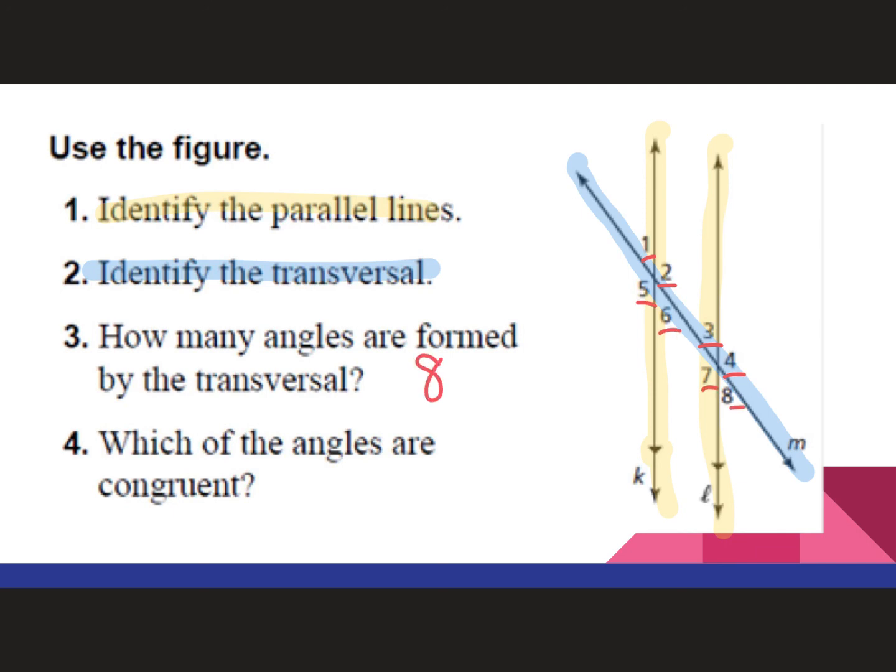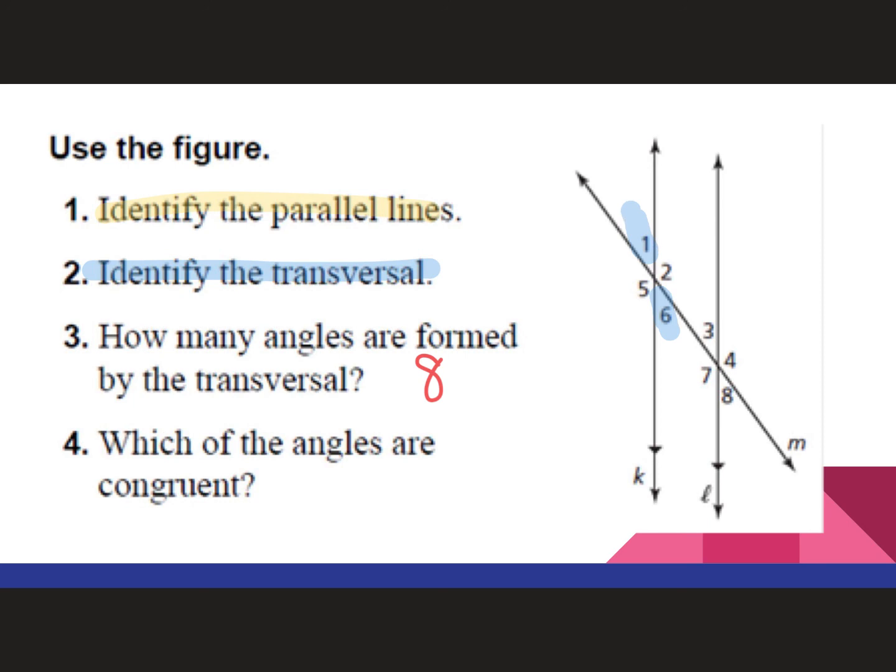Which of the angles are congruent? Now, this is actually sort of cool. If I know anything about all of these, then I can tell you there's only 2 different angle measurements here. Because angle 1 is congruent to angle 6 because they are vertical.